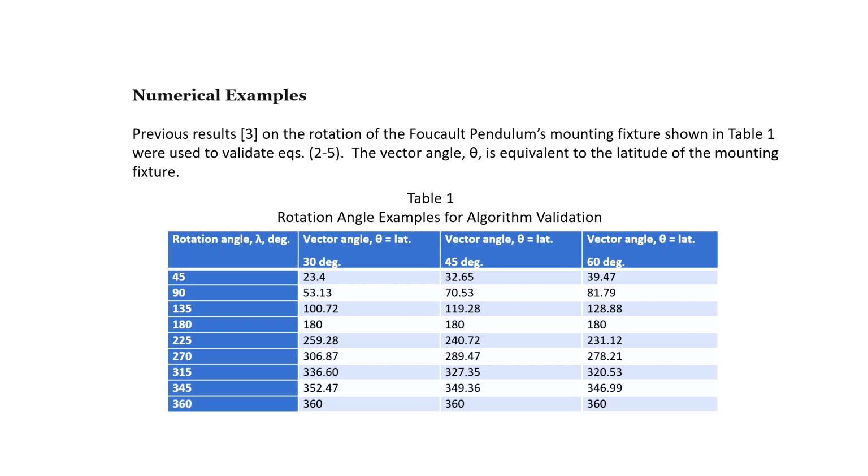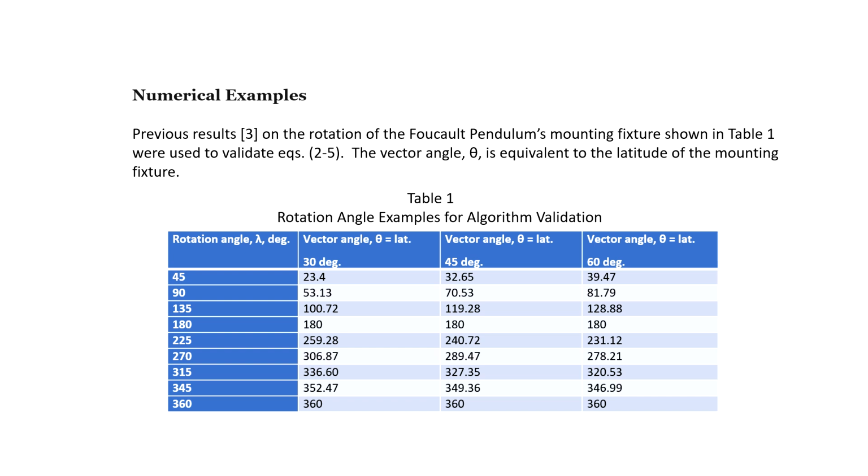So here are some numerical examples that were originally used for the mounting fixture for a Foucault pendulum. And you can see for various latitudes, 30, 45, and 60-degree latitudes, the rotation angles can vary up to 360. So there are various rotation angles about the vector axis that occur that you can compute with those formulas.